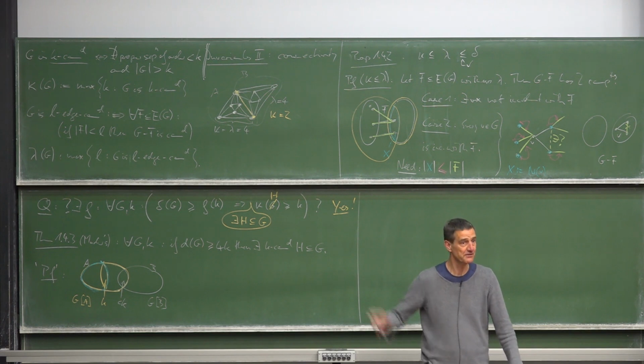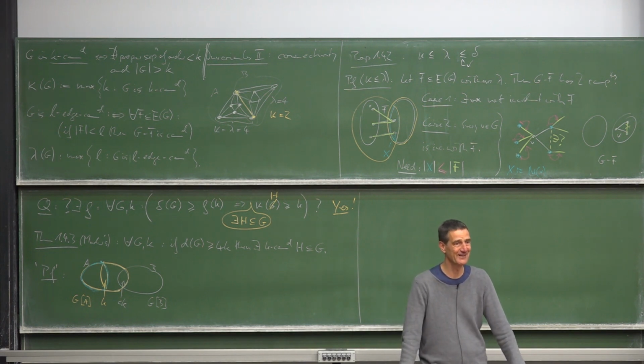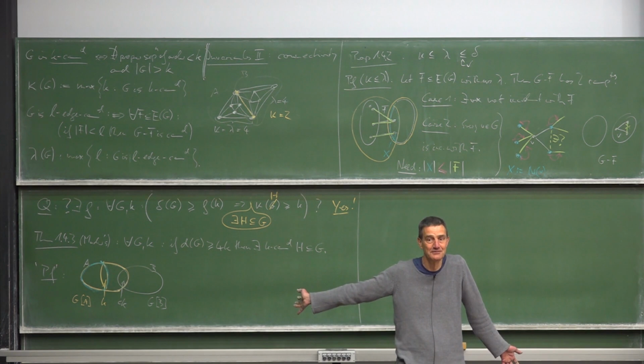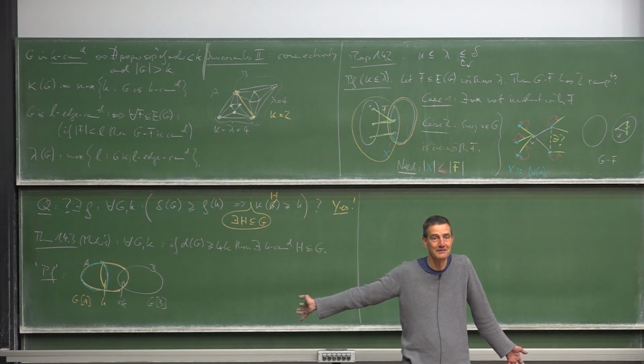We never used in this proof that the graph has average degree at least 4k. Now that can't be good. So we might have started with G being a one-vertex graph, for example. Something about this proof must be wrong. And where's the error?